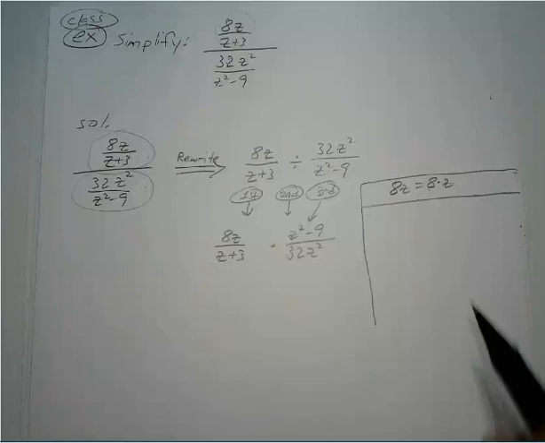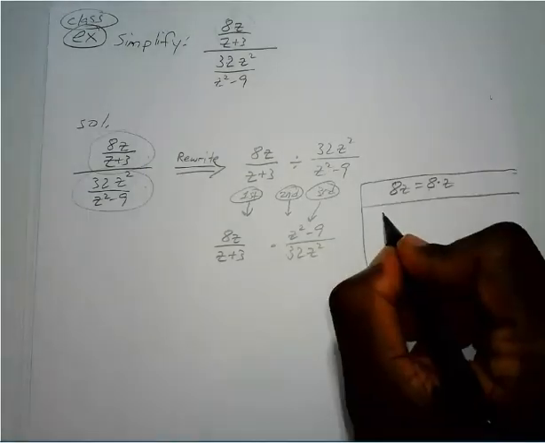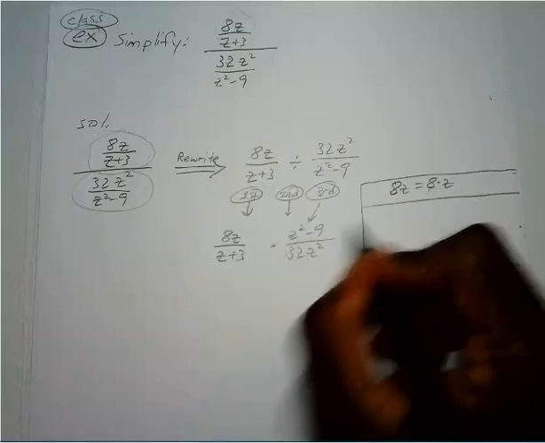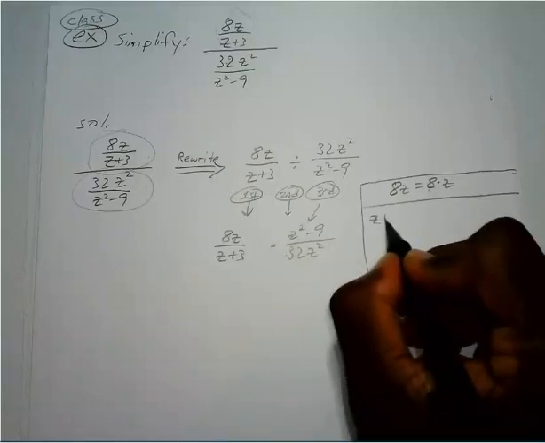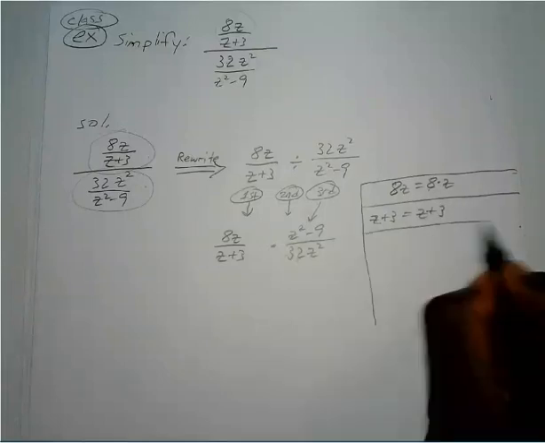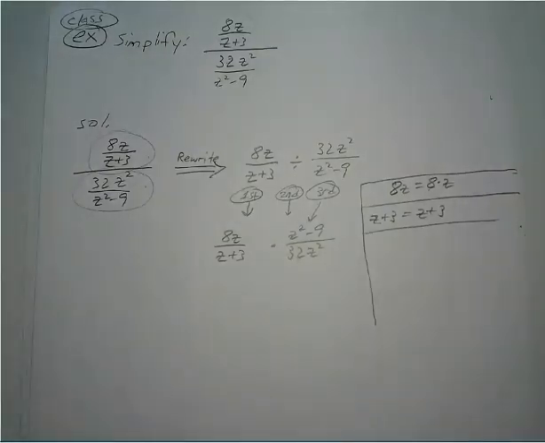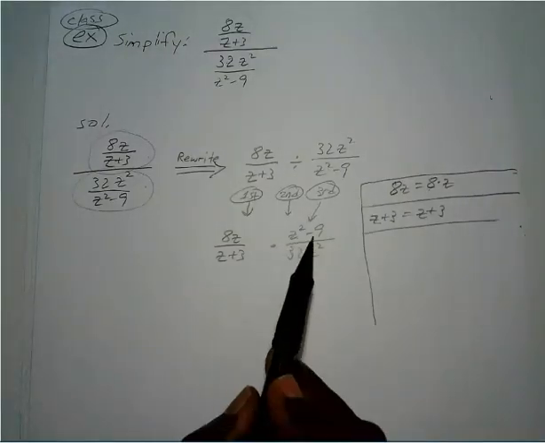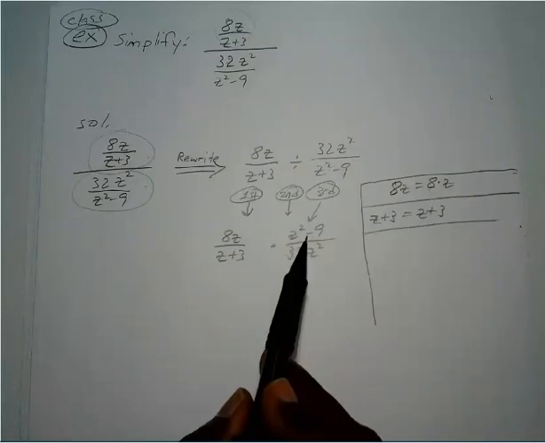Alright, so let's go with z plus 3. That's just z plus 3. Can't really do anything else with that one. Okay, so z squared minus 9. Remember, that's the difference of squares.